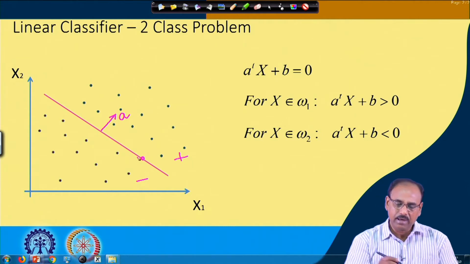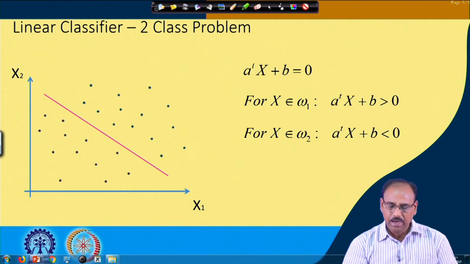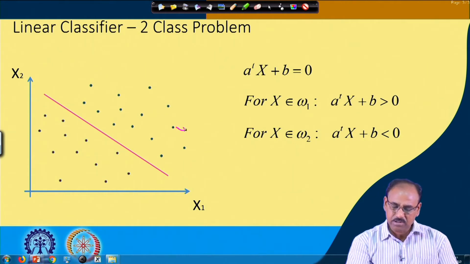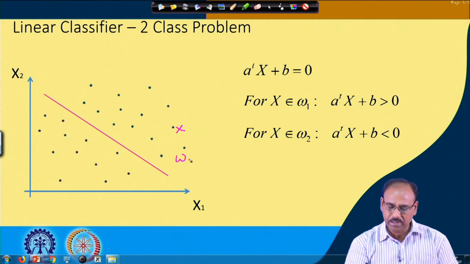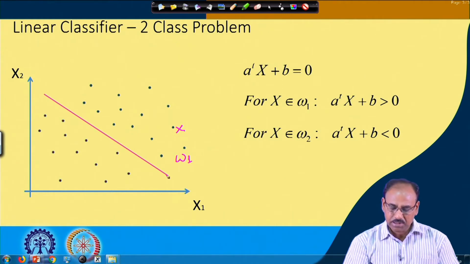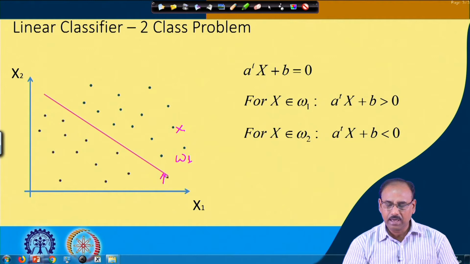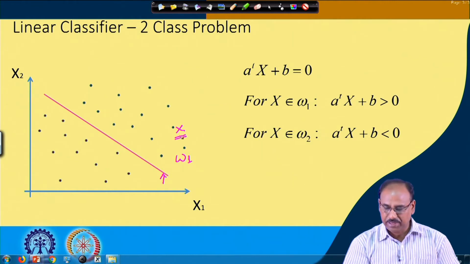As we have taken a number of feature vectors from the two classes omega 1 and omega 2, if I take any vector x from class omega 1, this being the linear boundary having equation A transpose x plus b equal to 0, for every x belonging to class omega 1, which are my training vectors, this condition must be satisfied: A transpose x plus b has to be greater than 0.